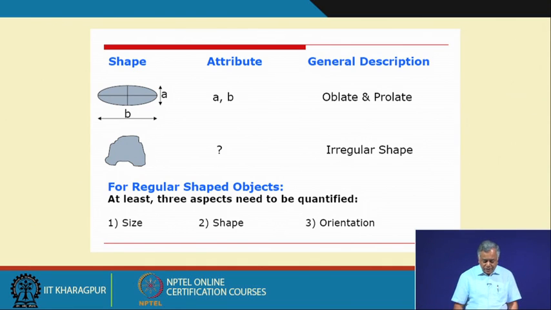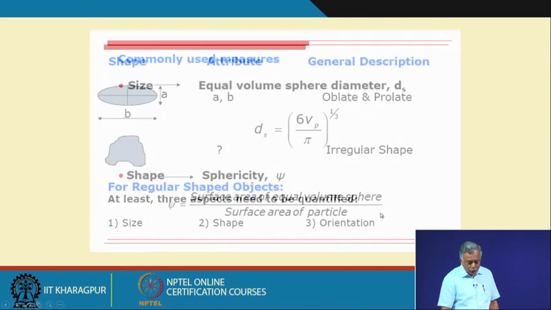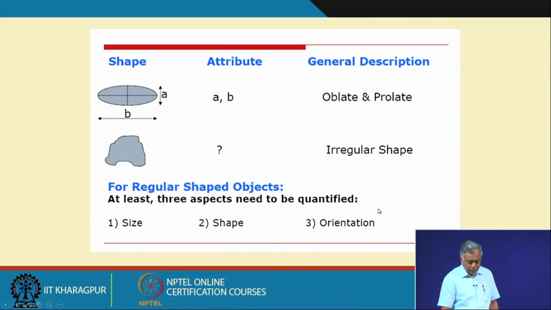As I have discussed, for regular shaped objects, we need at least 3 aspects, that is size, shape and orientation to quantify it, and for irregular shape we still do not know how to do it.